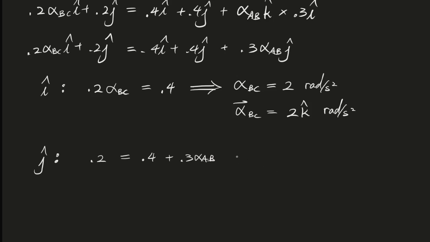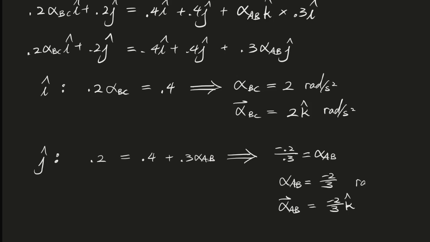This is also one equation, one unknown, and it'll give me negative 0.2 over 0.3 is equal to alpha AB. So alpha AB's magnitude will be negative 2/3. Its vector will be negative 2/3 in the k direction, which is a clockwise rotation, and the units are in radians per second squared.